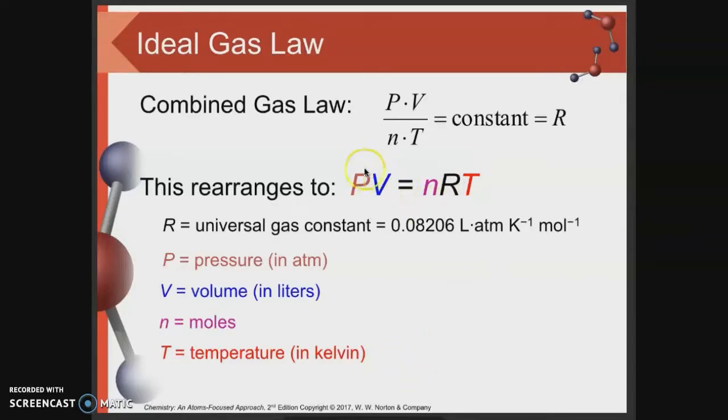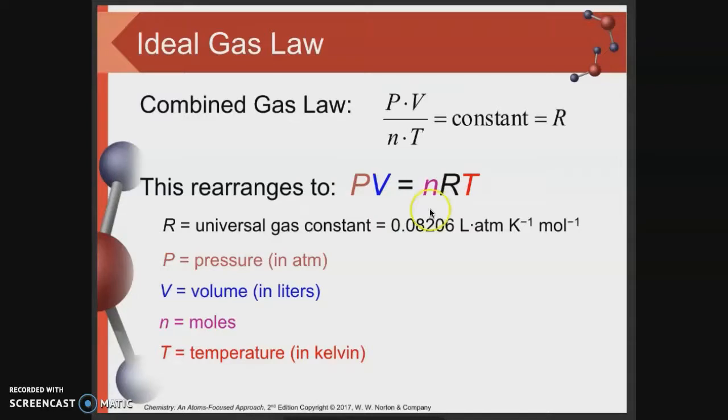And this is going to be a really important equation for us because we can use it not so much to describe when gases are changing conditions, but rather, if we know certain parameters about a gas, we can use this equation to figure out other parameters of the gas. So if I know the pressure and volume and temperature of a gas, I can use that to calculate the number of moles of gas present without actually having to measure the mass of the gas or anything like that.